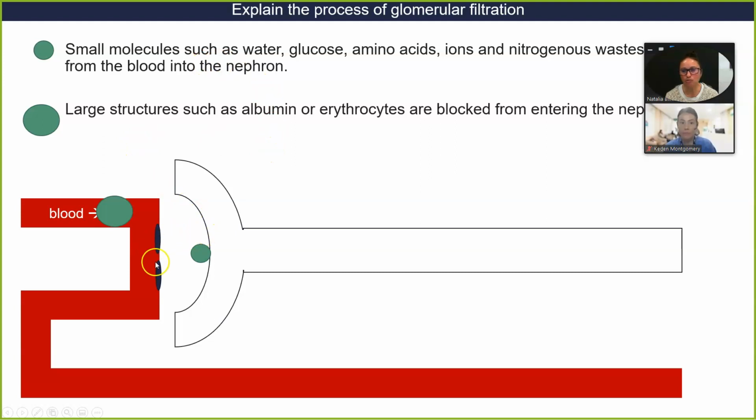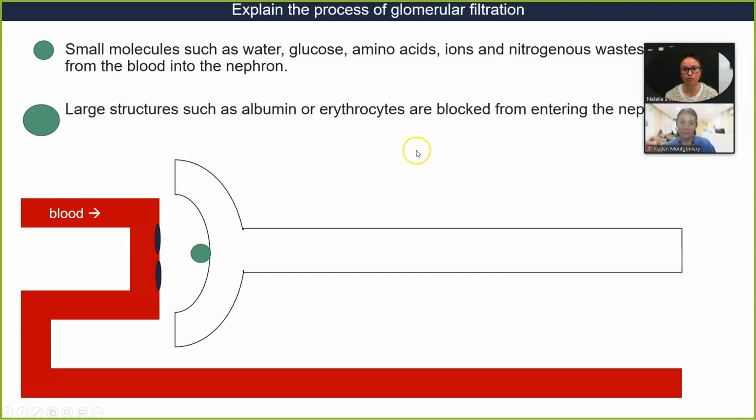They kind of go through these holes. But big things, such as red blood cells or albumin, which is a blood protein, they're too big. They don't fall through the hole. So they keep going. Maybe not that fast, but they do keep going. So little things fall through, big things keep going.